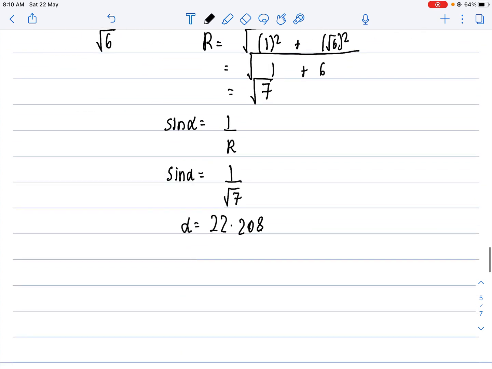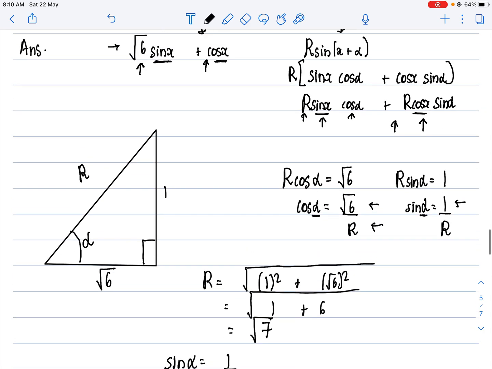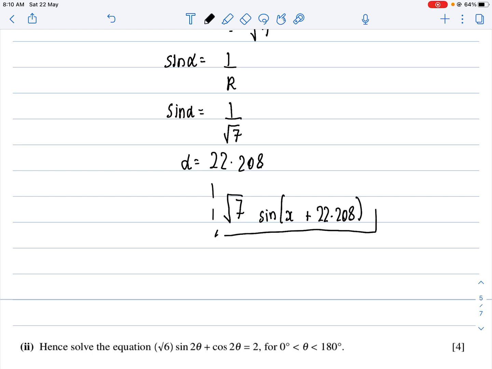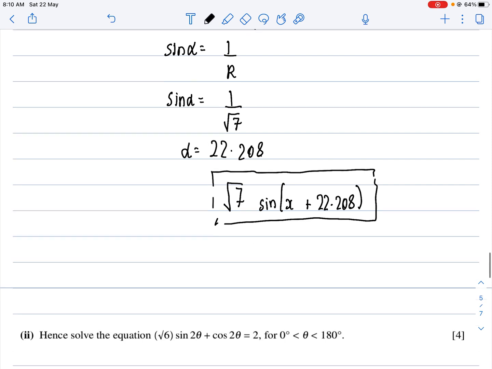So you can write this as root 7 sine (x plus 22.208), which is the final answer of the question.